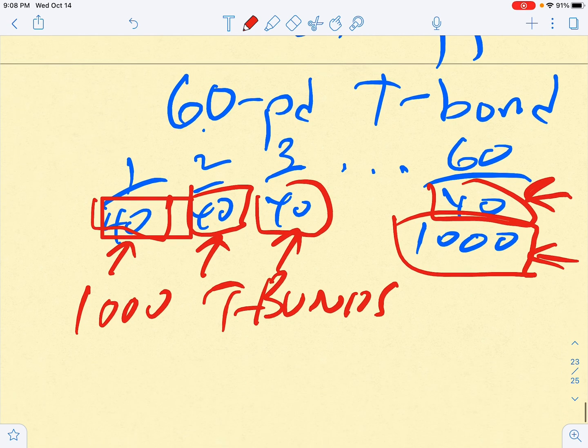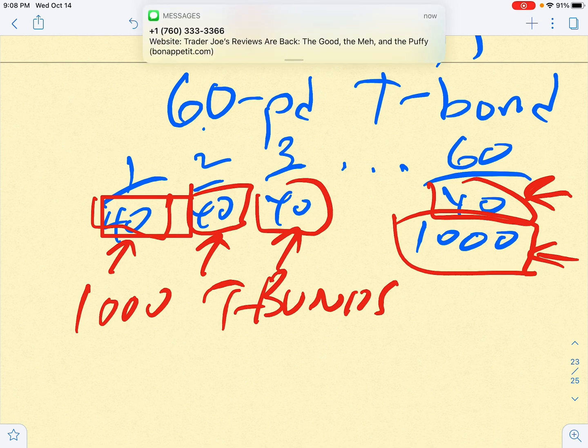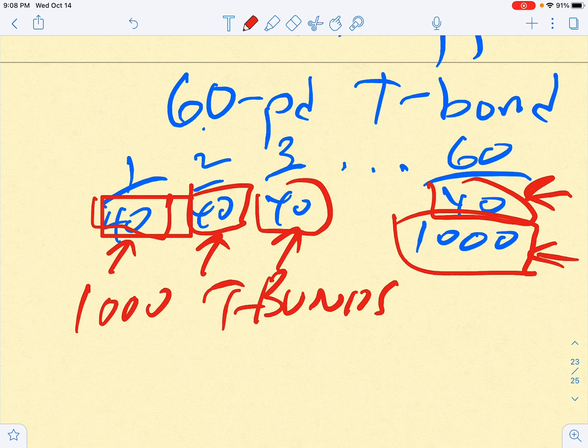Well, that means they could then create a security that had a maturity value of 1,000. For example, right here, the date 3, the 40,000, they could have 40 of these securities, and they could sell them.